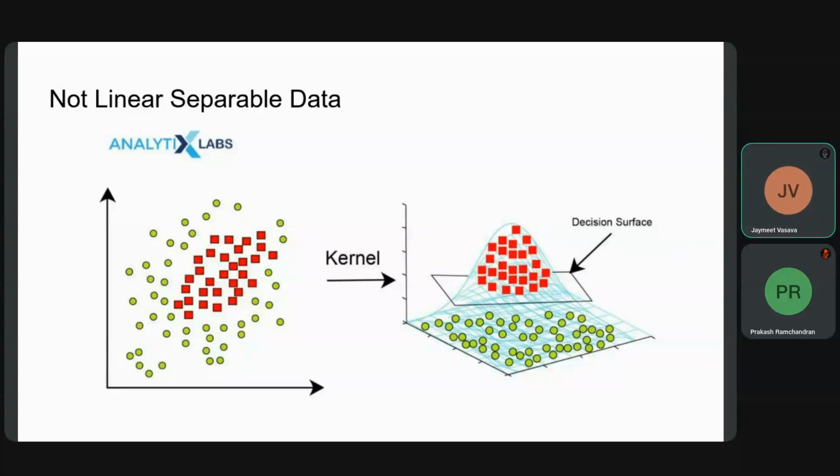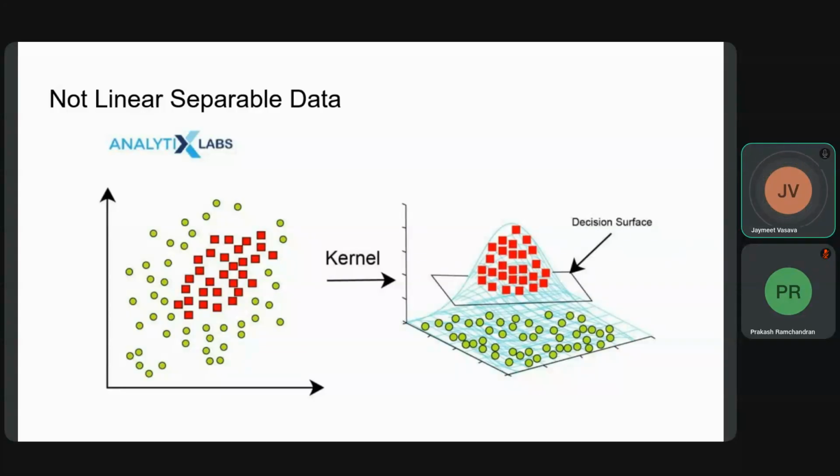So you can see that a 2D graph is converted into a 3D graph now. And in a 3D space, we are able to create a hyperplane which separates the red class from the green class. So that is why kernels are used.